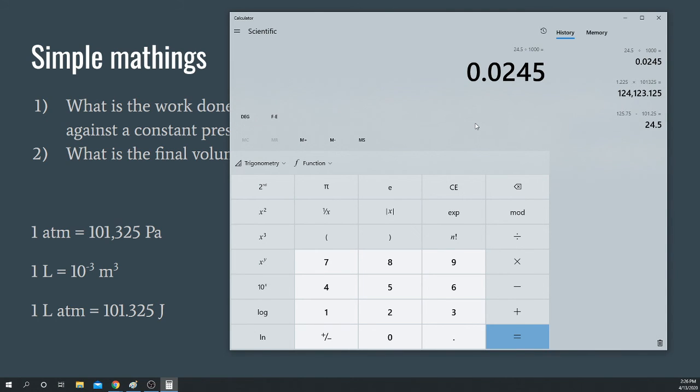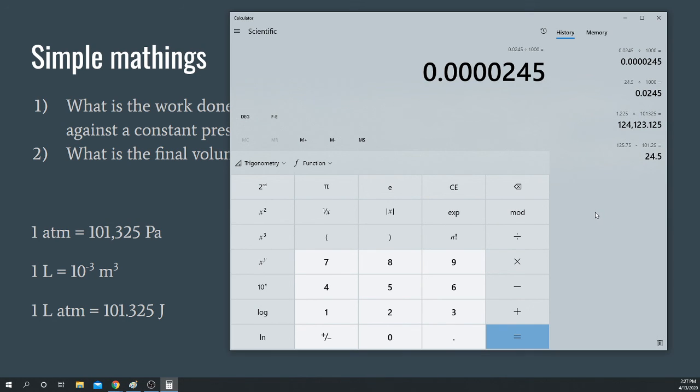And then we convert that to cubic meters. 1 liter is 10 to the negative third cubic meters, so that means we divide by 1,000 again. Okay. So this is our change in volume in cubic meters. And this right here, the 124,123.125, is our pressure in pascals.